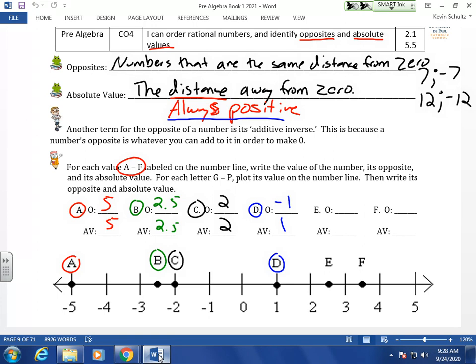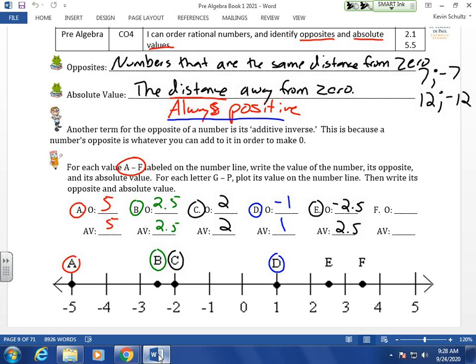Point E. What's the value of point E? It's not an integer. It's not right on a number. Yeah. 2.5. So the opposite of positive 2.5 is actually where point B is here. The opposite is negative 2.5. The absolute value is positive 2.5.